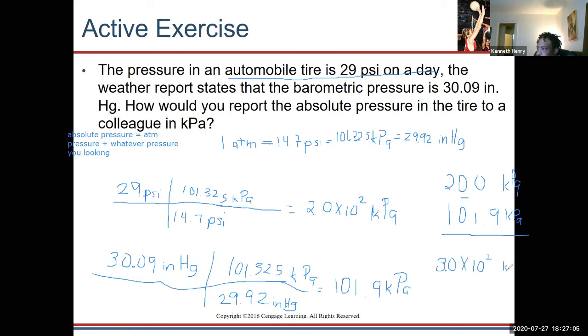That's right. So 2 sig figs, right? We want to make sure we have our placeholder, so we put it in scientific notation. Piece of cake.